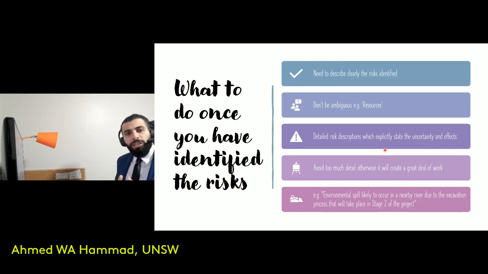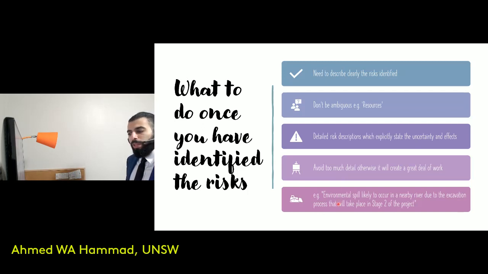You need a detailed risk description. And when you have a detailed risk description, you explicitly state the uncertainty and the effect of that risk. Now, a point to note is that you need to avoid too much detail, otherwise you create additional work for yourself and for others in the organization, something that we need to avoid.